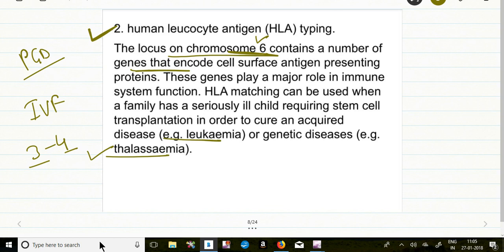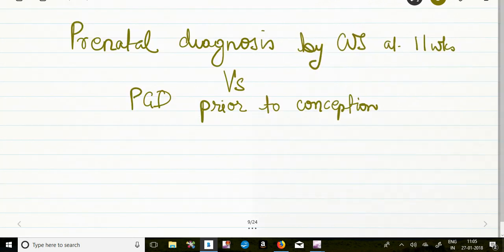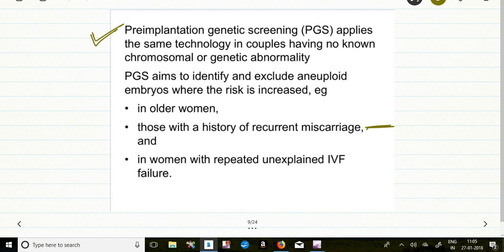Now coming to prenatal genetic screening. This I think we have already discussed. I have been repeatedly calling it prenatal. It is actually preimplantation that we are discussing here. It is before conception. So preimplantation genetic screening applies the same technology, but here the couple does not have any known chromosomal or genetic abnormality. Here you're just screening the entire chromosome. Here also we use FISH or CGH.